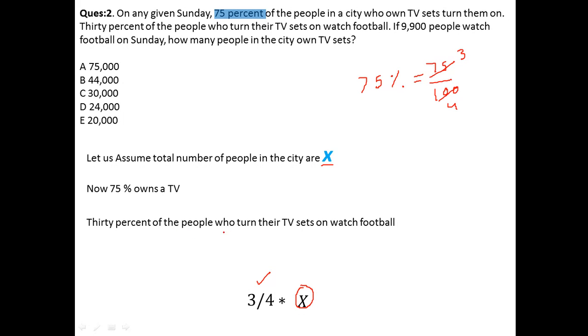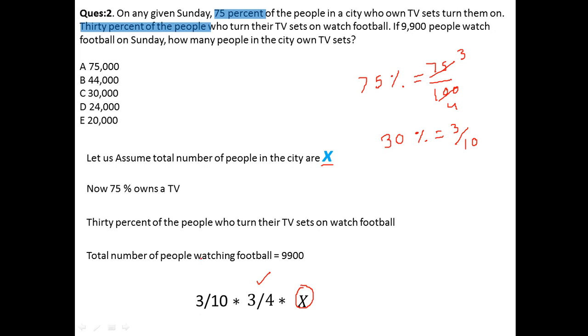Now 30% of the people who turn their TV sets on watch football. It's given in the question, right? So let us multiply by 3 by 10 again to the quantity 3 by 4 multiplied by x, because 30% is equal to 3 by 10. Alright. Now the total number of people watching football is 9900. So this quantity accounts for 9900.